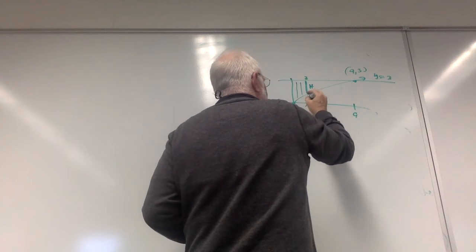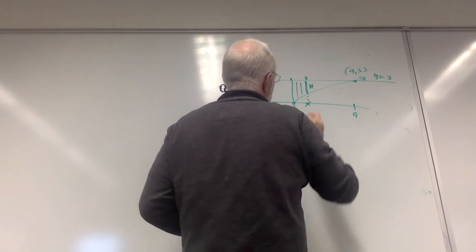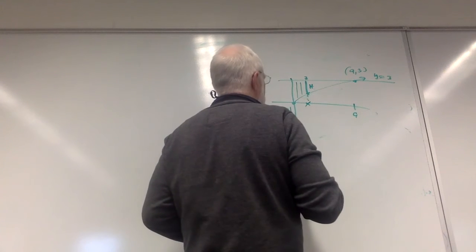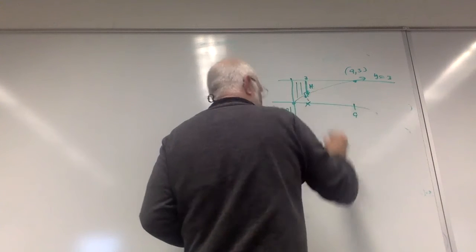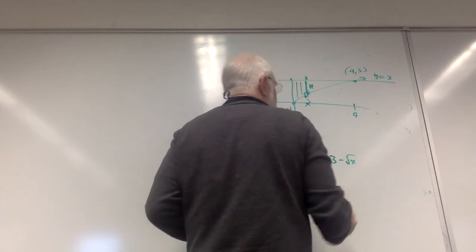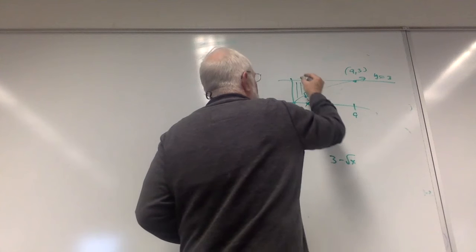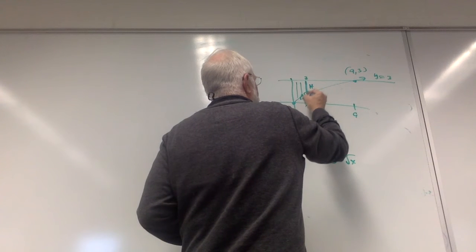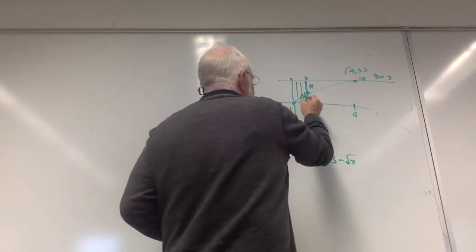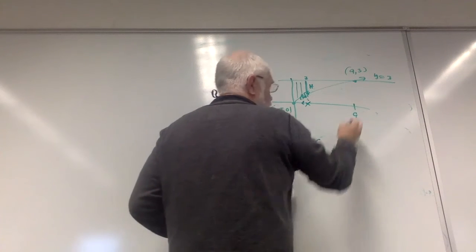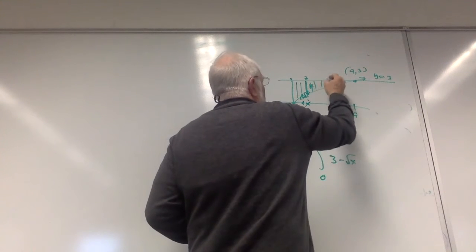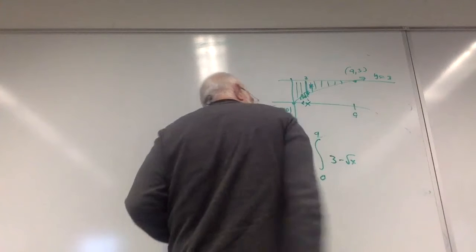It looks like I have to subtract this. And how do I get that x value? Oh, that's right. It's the square root of this. So 3 minus the square root of x gets me this rectangle. And that's a different height because that x is different than that one. Why don't I integrate this from 0 to 9, and do all those rectangles all the way across.